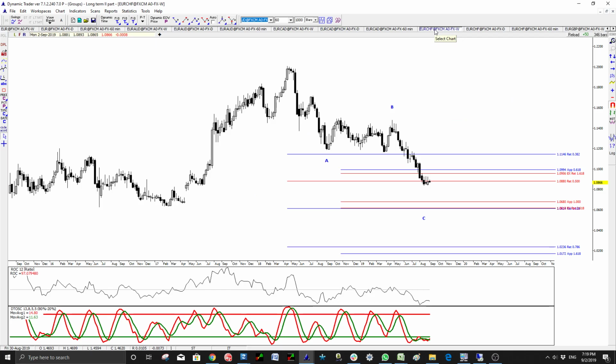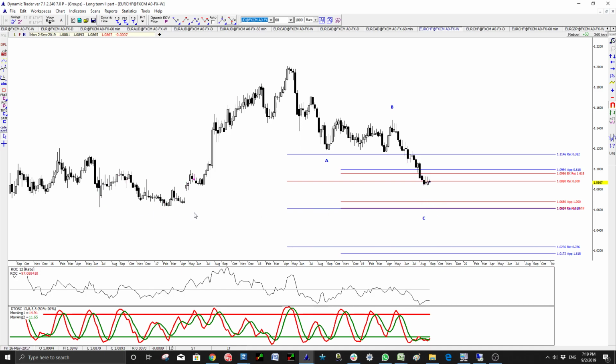Anyway, Euro Swiss franc. ABC pattern happening also here. I would see this market dropping to 106.80 or 106.14, so to this level, retesting this low again.